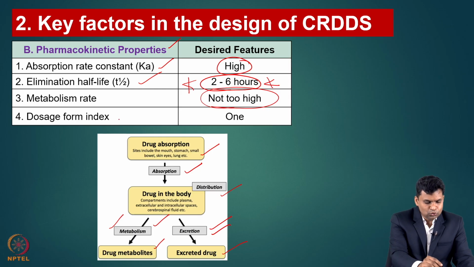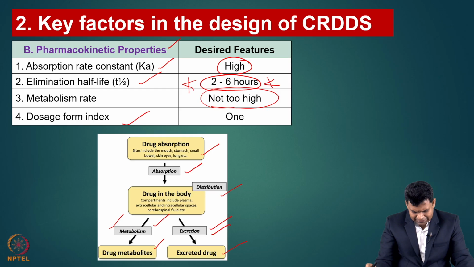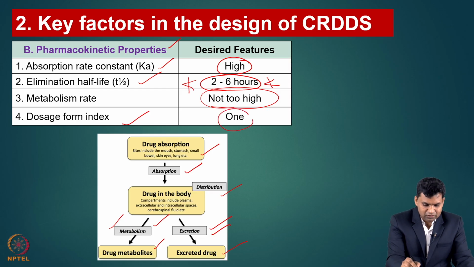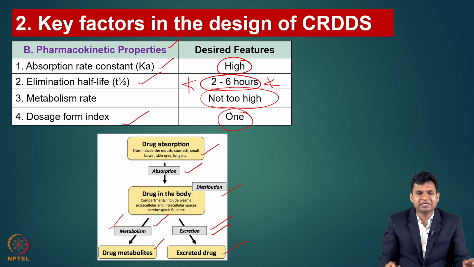And then the dosage form index peaks, here the maximum concentration of the drug upon the minimum concentration of drug in the plasma. So, that ratio should be 1. So, this dosage form index also we need to consider.